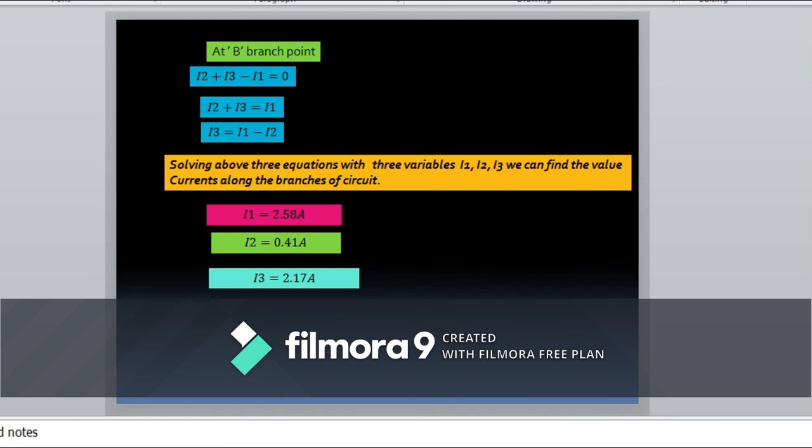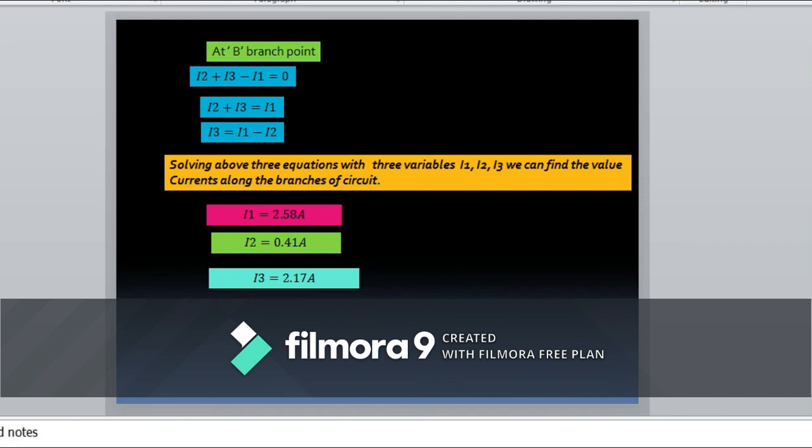So by solving these two equations with two variables I1 and I2, we get the value of the current I1 as 2.58 ampere, and putting this value of I1, again we can solve for the current I2, which is I2 equal to 0.41 ampere.